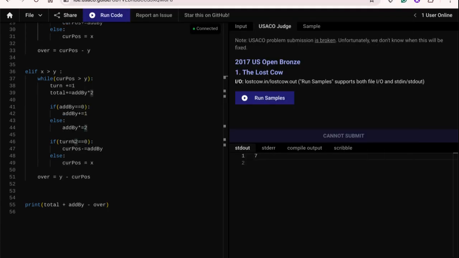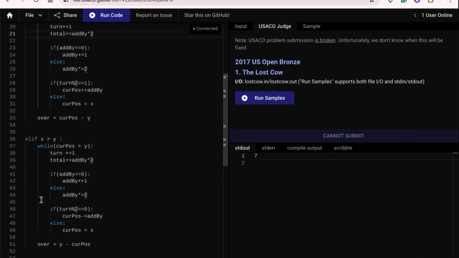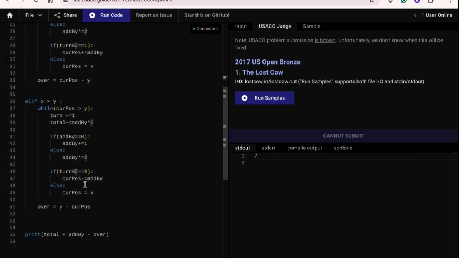Now, it's the same thing when Farmer John is greater than Bessie. It's just slightly opposite. The only difference is now, instead of adding curpos, we'll be subtracting it because we're going to the left. And also, instead of turn being odd, it should be even, because remember, when turn is even, we're moving to the left.